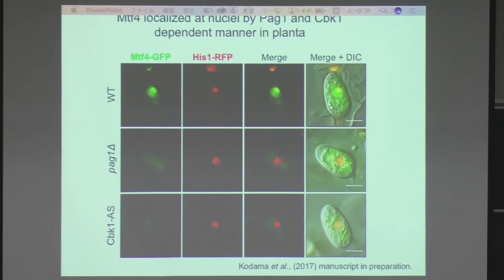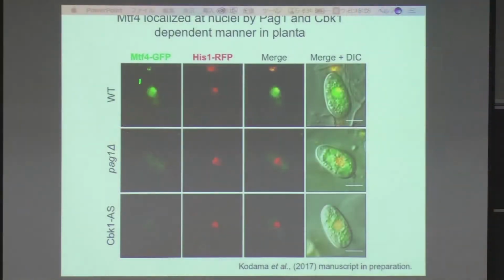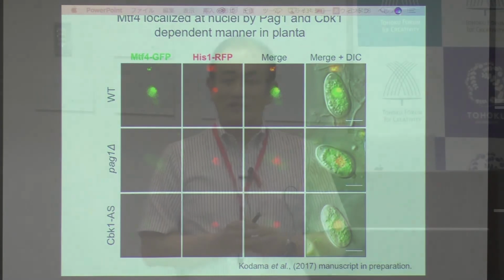In the wild type, MTF4-GFP localized in the conidial nuclei, co-localized with histone-RFP in the nuclei of the conidia, as you can see on the plant, but not on the in vitro glass slide. But the localization of MTF4 was diminished in the PAG1 delta mutation or CBK1 inhibition condition. So all of these data indicate that MTF4 could be a downstream target of the MOR pathway.